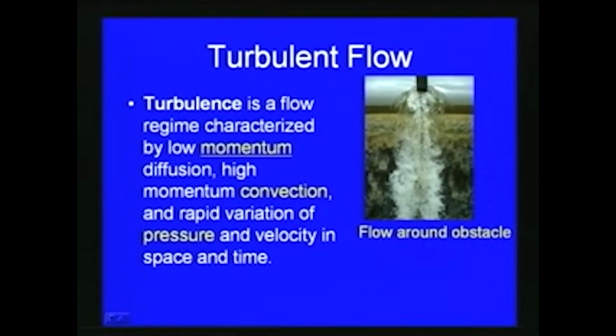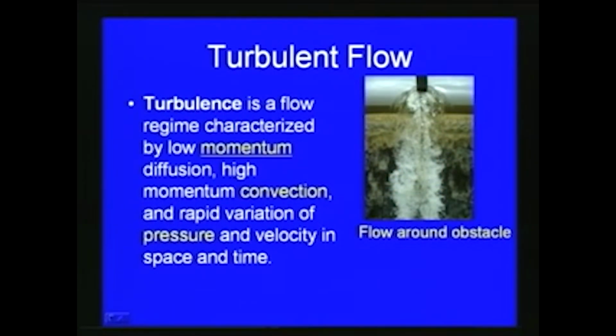So, we can define turbulent flow characteristics like this: low momentum diffusion takes place, and then high momentum convection takes place, and rapid variation of pressure takes place in the flow, and velocity also changes rapidly in space and time.